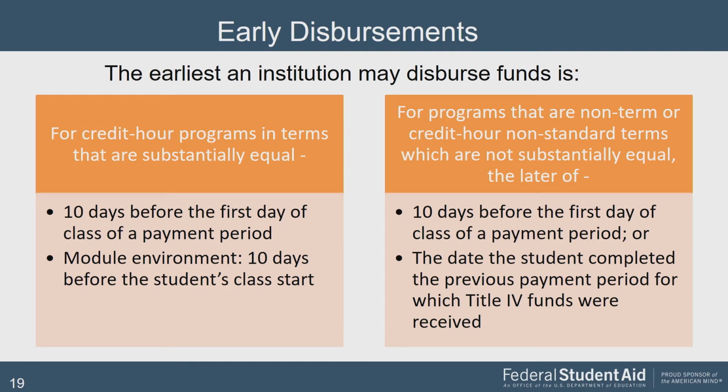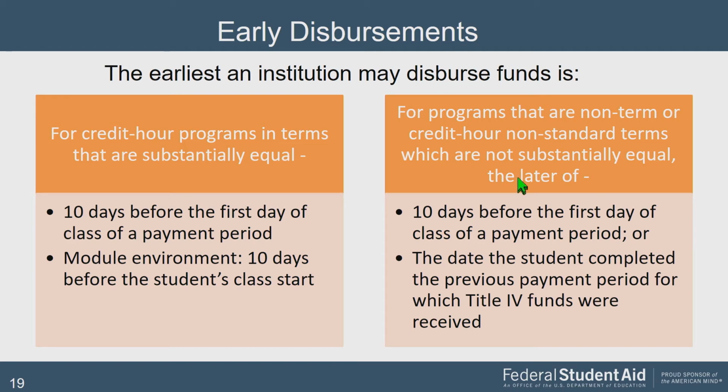So you can make a payment 10 days before the first day of class, or the date the student completed the previous payment period, because with non-standard terms and clock hour programs, the students have to meet the hours in the weeks before you can make any subsequent disbursements.